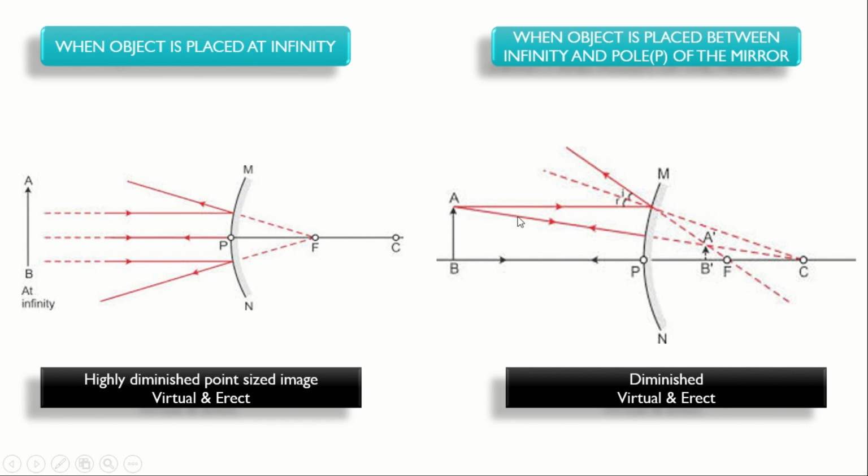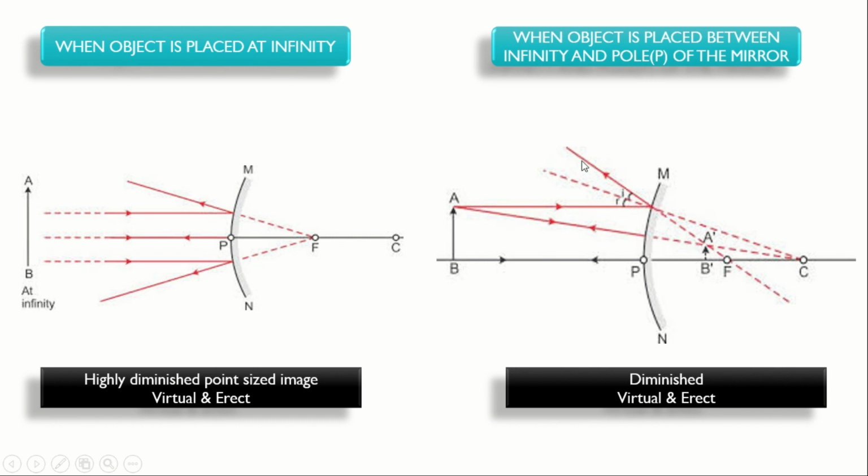Next is the second incident ray. You can see here the second incident ray hits the surface and retraces the same path. Why does this happen? Because the incident ray is directed towards the center of curvature. When any ray is directed towards the center of curvature, the reflected ray always traces back the same line.